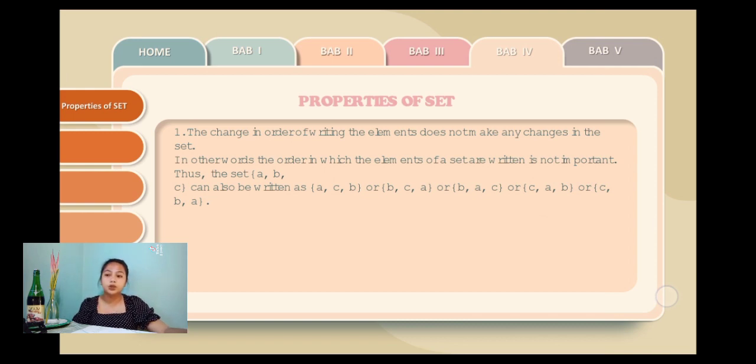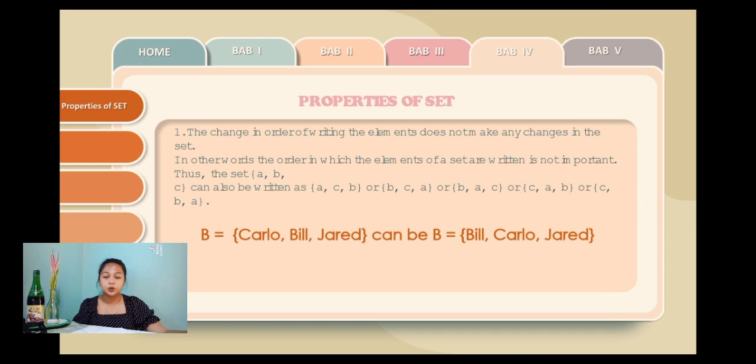In other words, the order in which elements of sets are written is not important. So, for example, set of brothers is equal to Carlo, Bill, and Jared. Yun yung example kanina. So, pwede din siyang maging Bill, Carlo, Jared, or pwede din maging Jared, Bill, Carlo. Depende sa iyo.